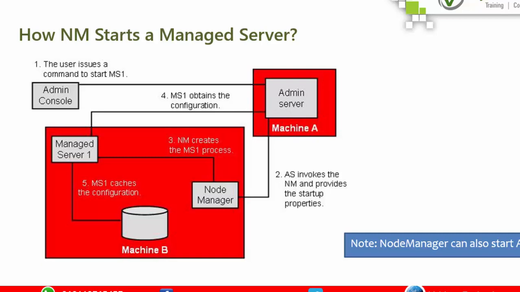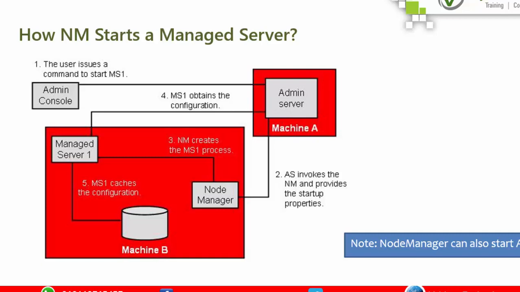It invokes the Node Manager which is running on the remote machine B. Node Manager takes that request and creates a process ID and process for managed server 1. Once the managed server is started, the managed server fetches the information, obtains the configuration related stuff, and then stores it in machine B. This way it processes starting of the managed server.